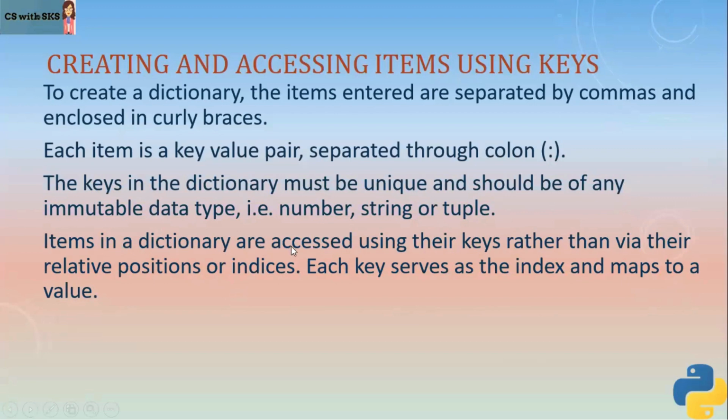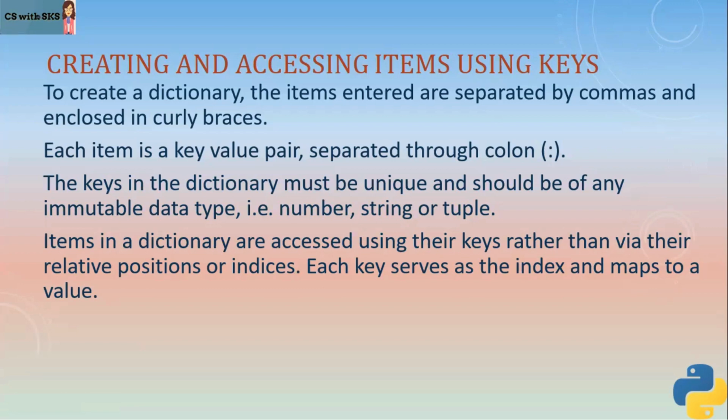Items in a dictionary are accessed using their keys rather than via their relative positions or indices. Like in list, you access individual items using index value. In tuple, you access individual elements of a tuple using its index value. However, in dictionaries, we do not do that.